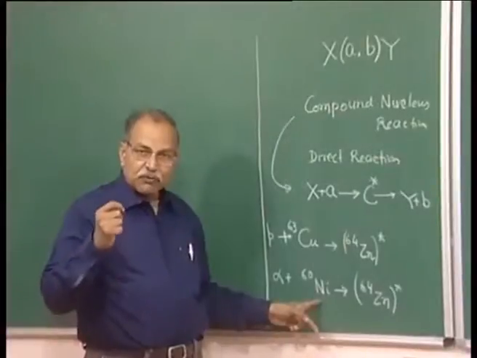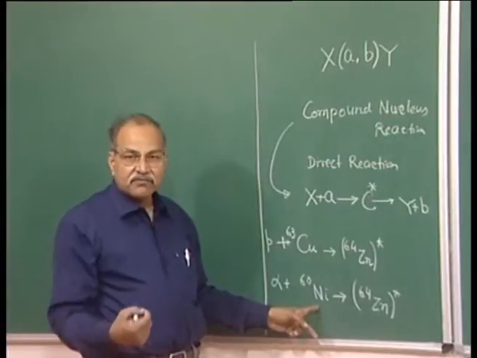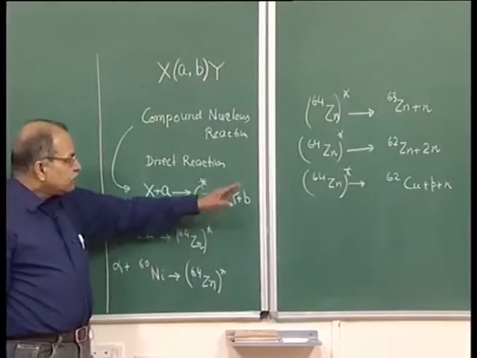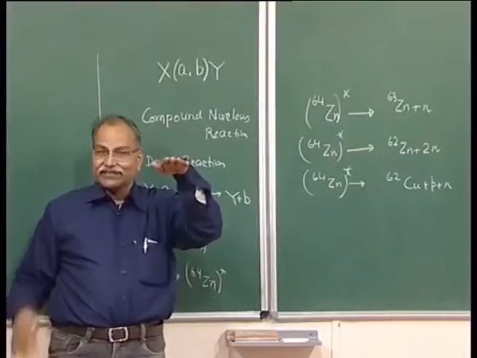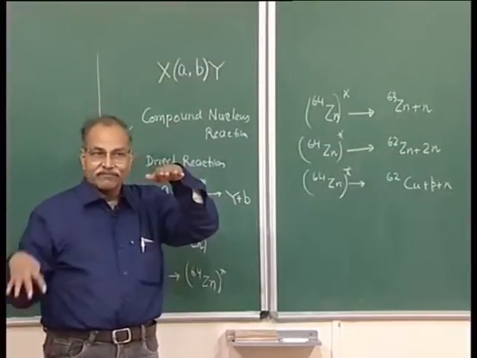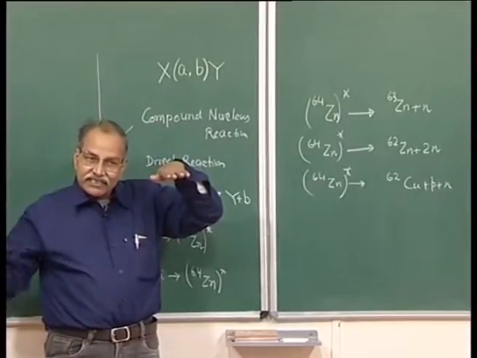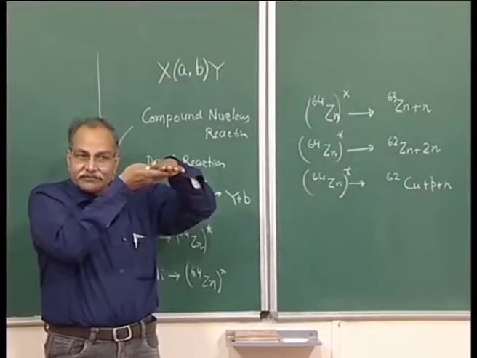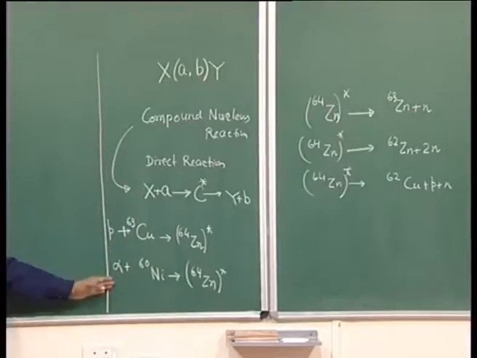If we want to quantitatively compare the cross section or the dependence of cross section on energy, you have to produce this 64 zinc in the same excited state, then only can you compare the two cases. So, what is the energy needed of the incident particle to take it to that particular excited state? That will be different for proton and alpha, and that is why the two different scales are used.